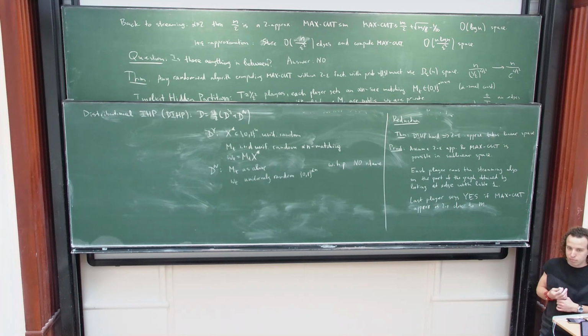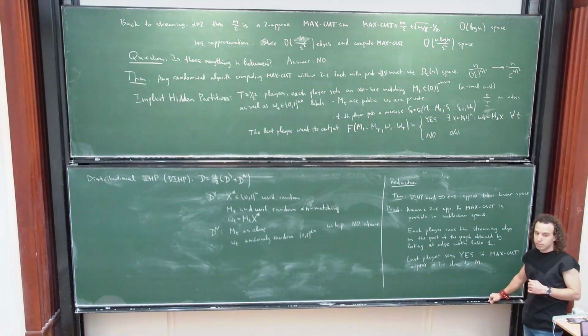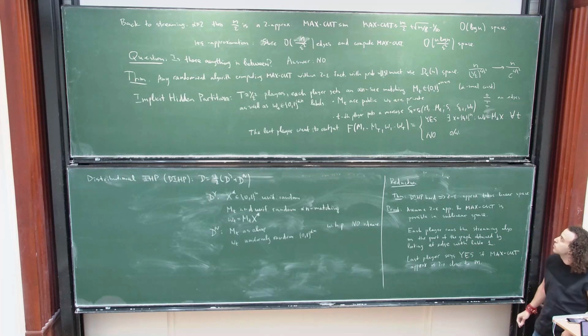Sorry, can you go to the previous board a little bit? In that sense, if the T-th player posts a message, then the next player will only receive omega T from the previous player, right? How does the last player get omega 1 to omega T? That's the problem, right?